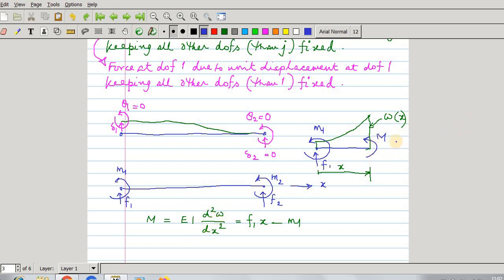And if you give an anti-clockwise moment, that is responsible for a positive d2w/dx2. So here it is positive, and it is F1x. If you take moment about this point, this is M, this is F1x minus M1.